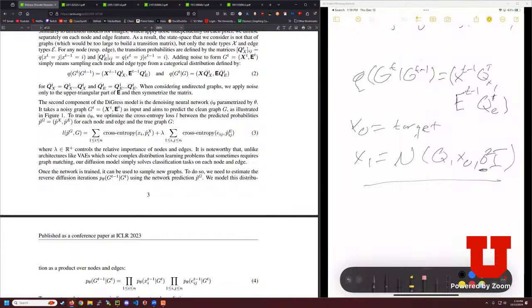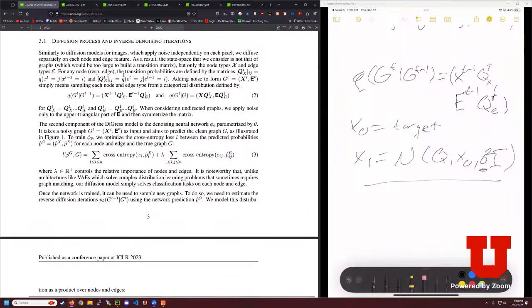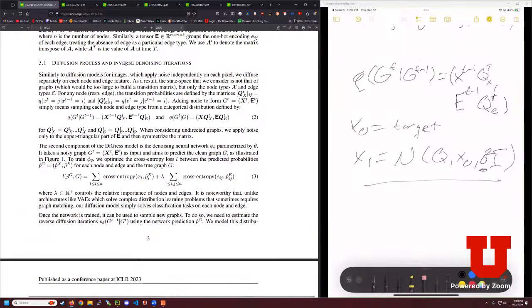Yeah, so q gt given g t minus 1 is xt minus 1 times qxt. Now it makes sense. So basically this xt minus 1 times qx given t actually takes up just one column of the Q matrix, right? Because you're given xt minus 1, all the nodes at step t minus 1, the class of every node, right?